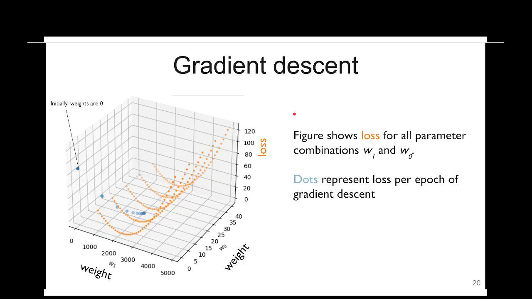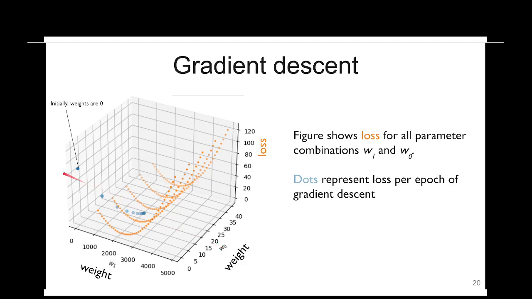And we can look at this in a more detailed way by systematically plotting all of the weights against each other. So you see here on the X and Y axis, W0 and W1, and we have limited the ranges from 0 to 5,000 for W1 and from 0 to 40 for W0. And the orange dots are the losses that you would incur if you were using these W0, W1 configurations.